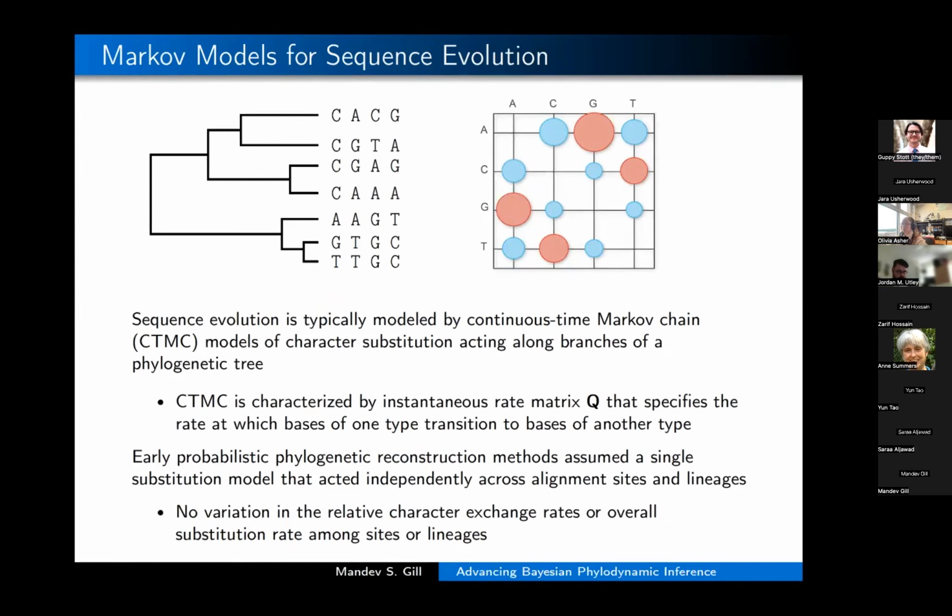And the Markov chain is characterized by an instantaneous rate matrix that specifies the relative character exchange rates. So early phylogenetic reconstruction methods assumed a single substitution model that acted independently and identically across the different sites of a multiple sequence alignment and the different lineages of a phylogenetic tree.